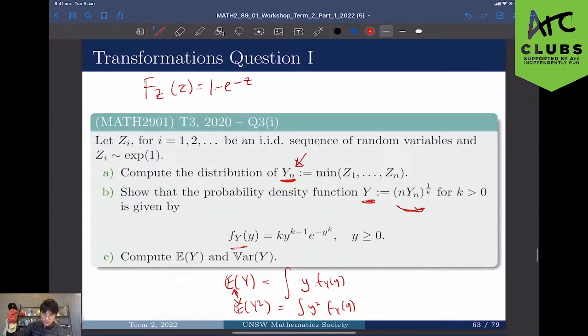So now to calculate the density function of Y. Like I said before, we know what the distribution of Yn is. Here we can start off with the CDF of Y, because we're given what the actual random variable equals.